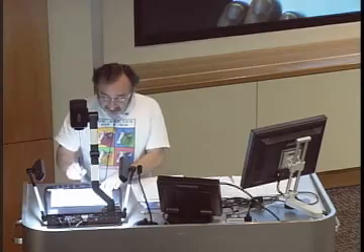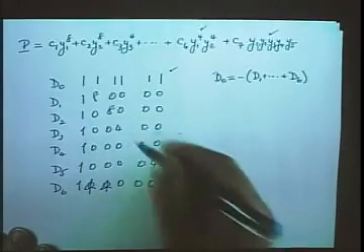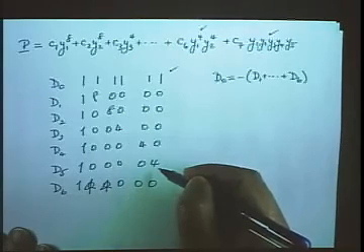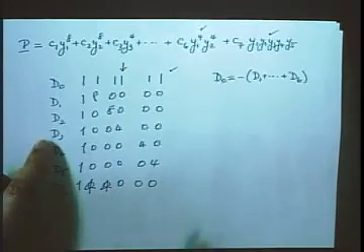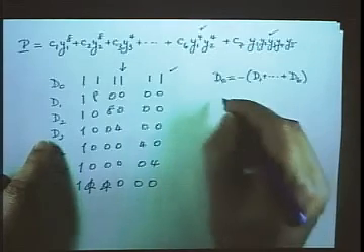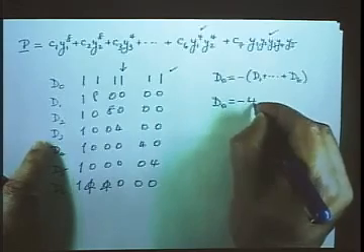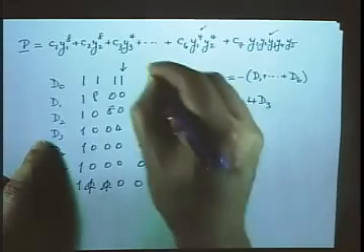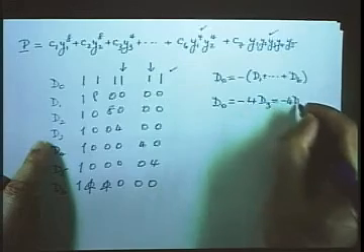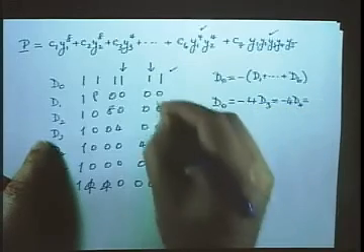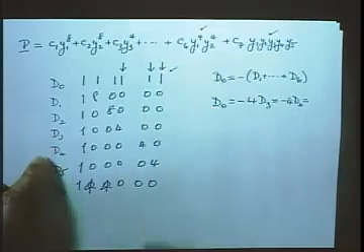Then we get the last three; it's good to do the last three next. If we look at this column, it tells us that D0 is minus 4D3, and if we look at this column, it says that D0 is minus 4D4, and the last column, yeah, that's right, D3 plus D6.